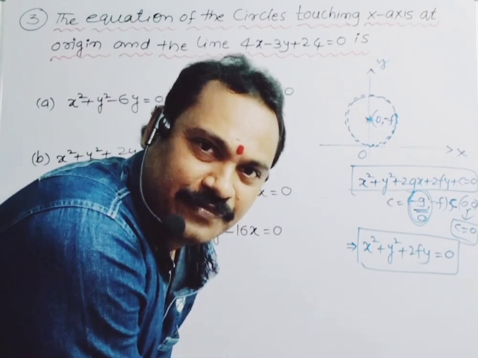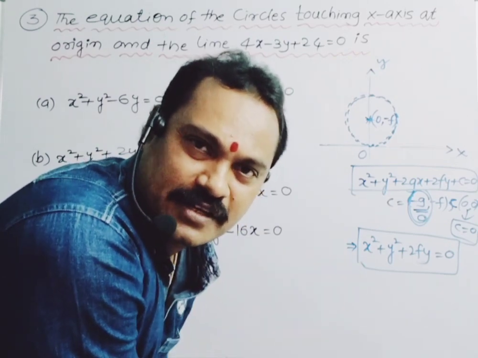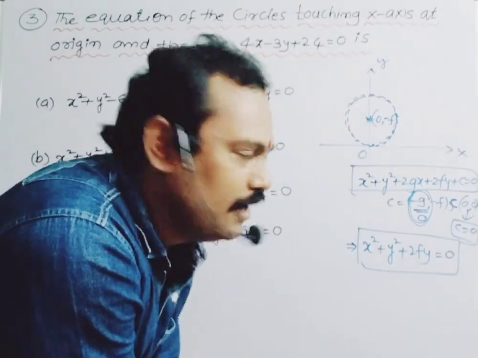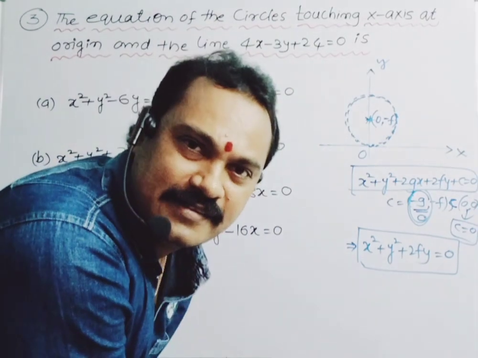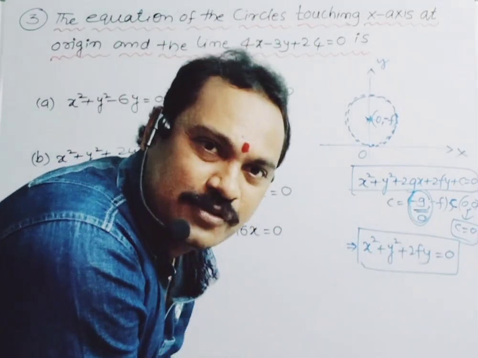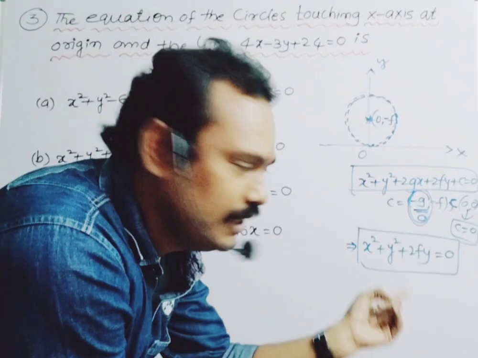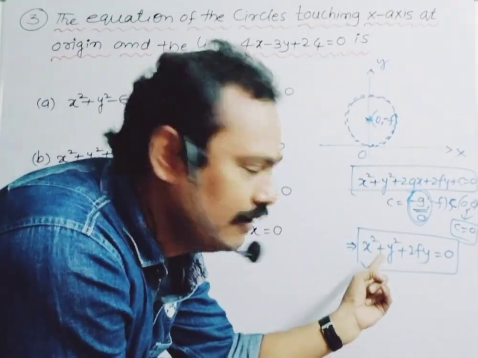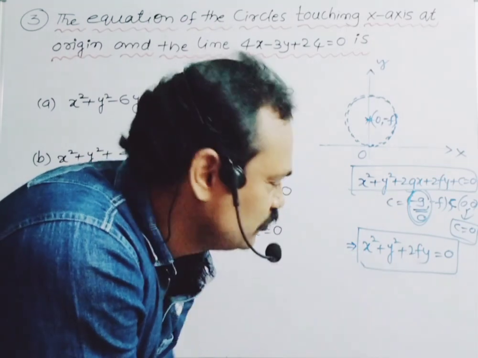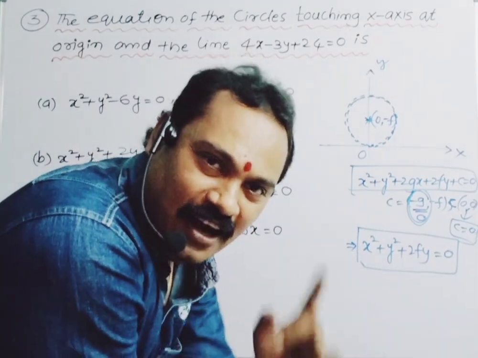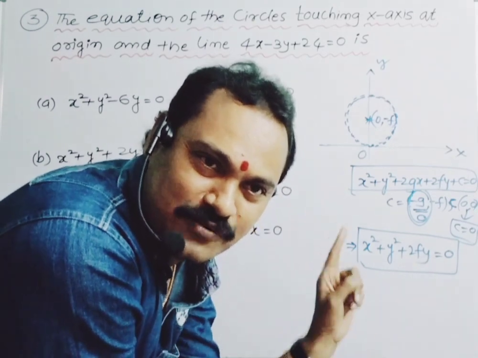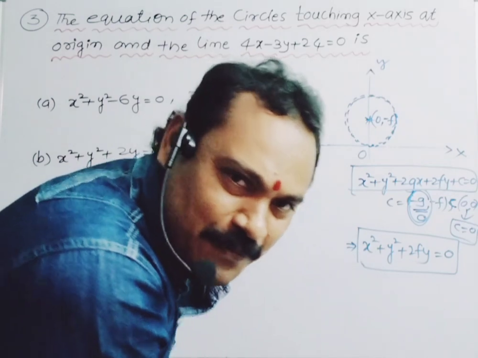Is it clear? For a circle which passes through the origin, the constant term must be 0, c = 0, and the center lies on the y-axis, so g, the x coordinate of the center, must be 0. So g = 0, c = 0, and the required equation of the circle remains x² + y² + 2fy = 0.